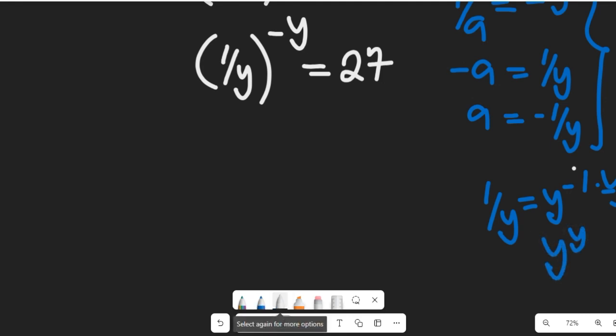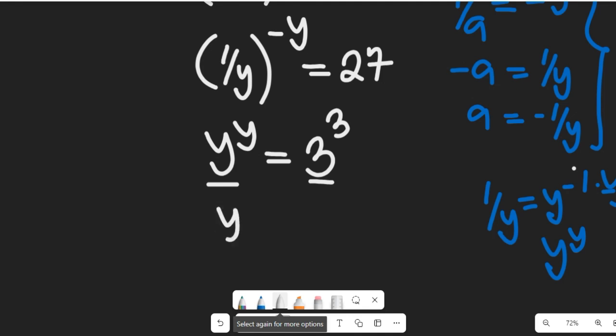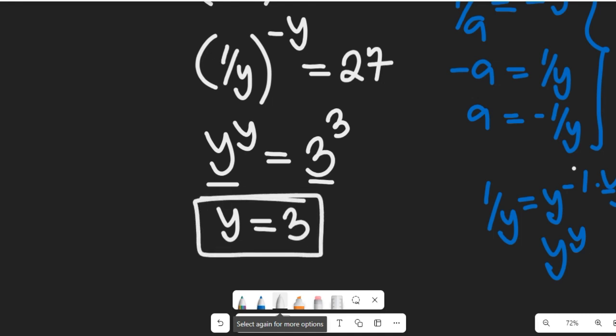So this expression is going to give me y to the power of y, and that will give me what? 27 can give me 3 to the power of 3, right? We will now have same base, same power. So with same base, same power, our y can simply be equal to 3.